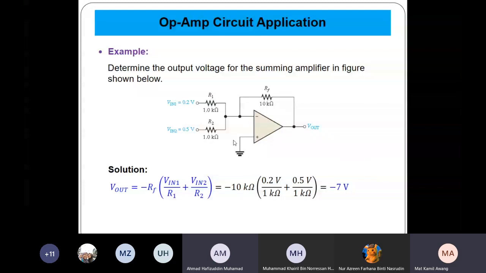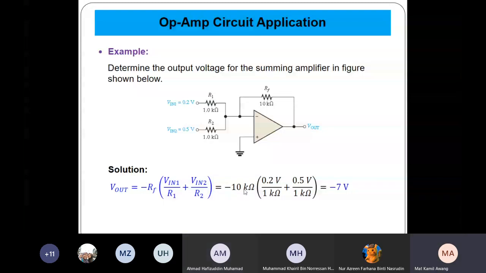So from the previous slides, you know that the output is equal to minus RF times (Vin1 over R1 plus Vin2 over R2). So this is actually the formula for the output. So you substitute the value. What is RF?